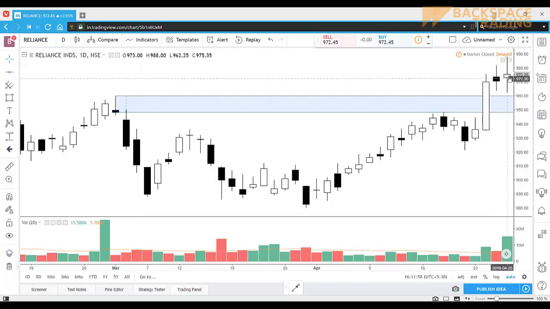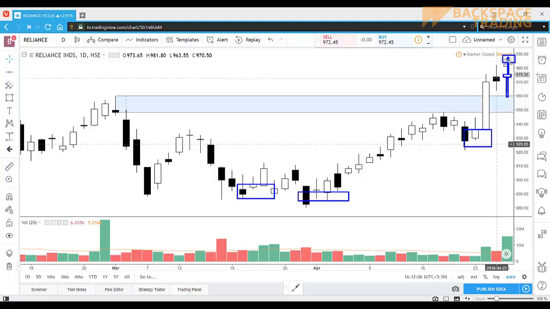Those buyers just push the price above, and there will be sellers who bought, let's say, somewhere over here or here or here. These buyers will become sellers because at this point they will push the price down, and a fresh set of buyers pushes it up. That's when this doji happens.